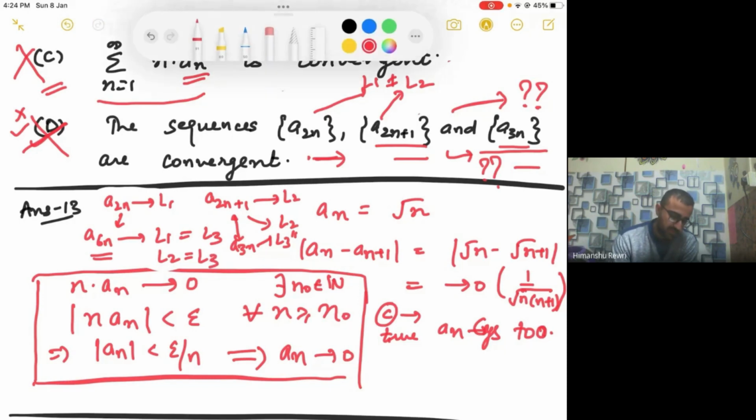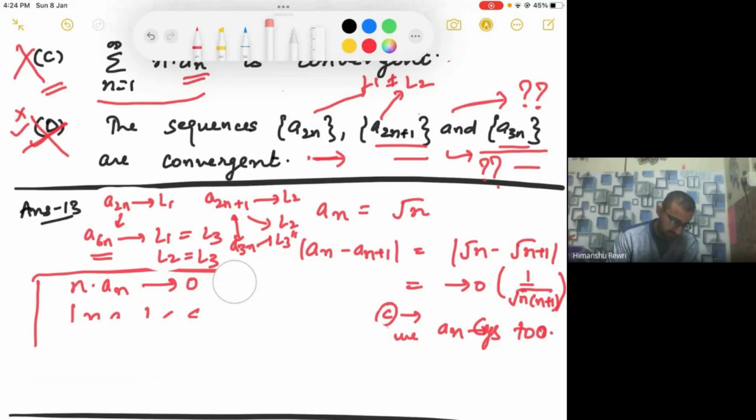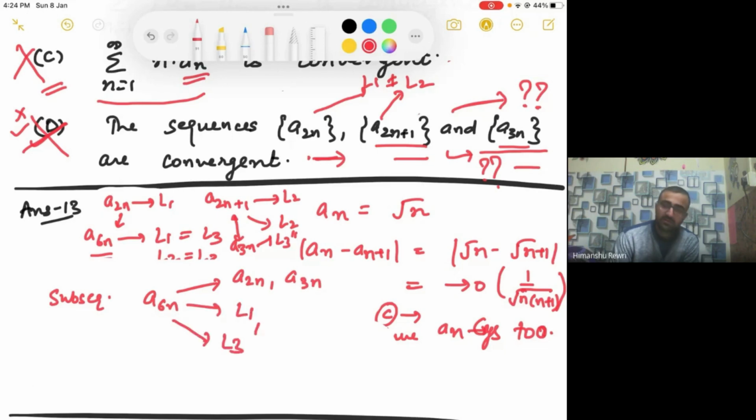Let me tell you again what I am saying. Consider a subsequence A6n. This is a subsequence of A2n and A3n, so it will converge to L1 and L3. Since the sequences are convergent, this implies L1 is equal to L3.